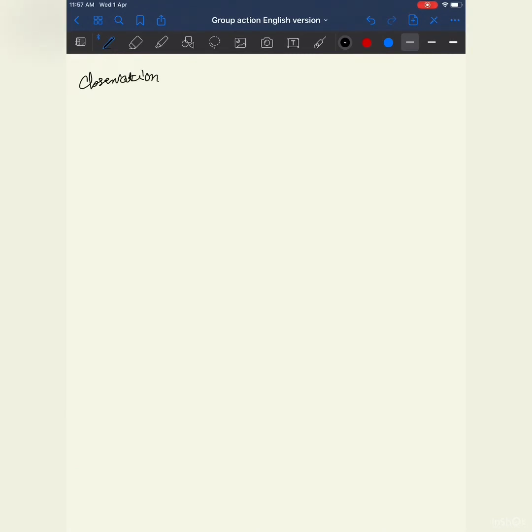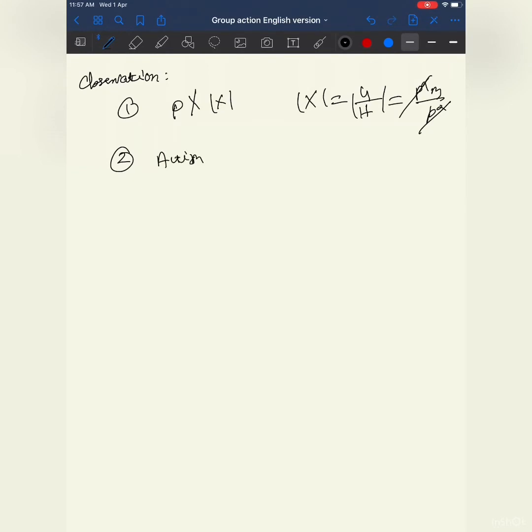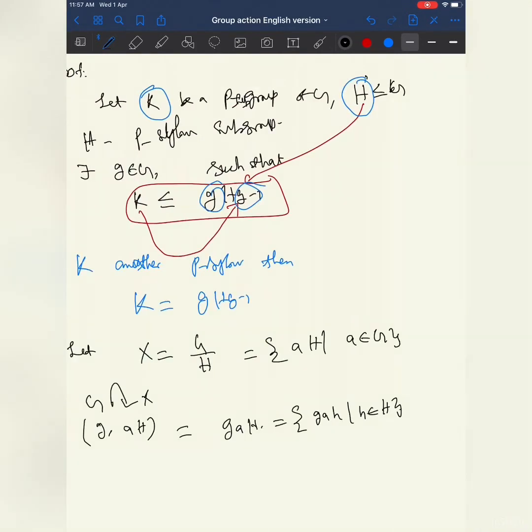Observation 1. Remember that p will not divide the cardinality of X, because the cardinality of X is |G|/|H|, that is p^α m over p^α, and the maximum power p^α is taken out, so it will not happen. Second, the action is transitive. What does it mean? A single orbit.